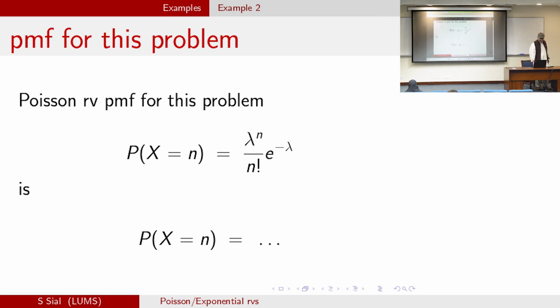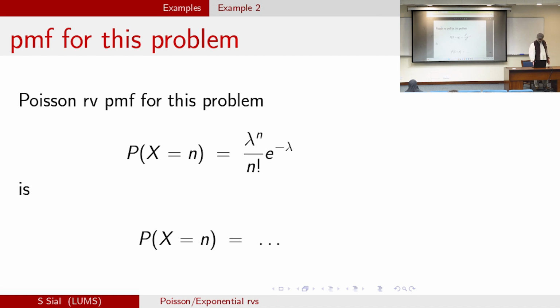And so the probability that x equals, remember, once again, the probability of n successes, in this case n accidents, is the expected number of accidents in a week to the n over n factorial e to the minus the expected number of accidents.